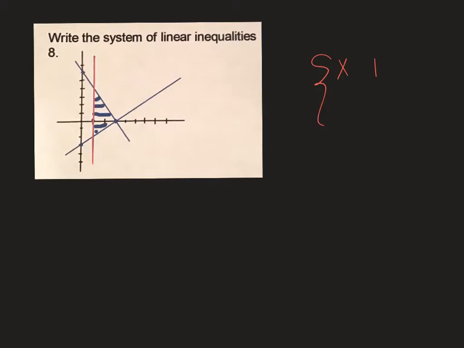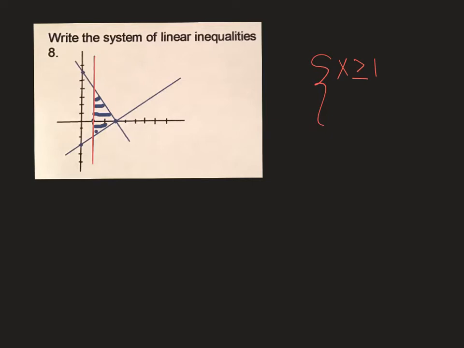So to the right is going to be bigger x values. So it's going to be greater than 1. And now we have to know, is it going to be greater than or equal to, or just greater than? Well, it was a solid line, so we know we're going to include that or equal to. So one of our inequalities is that x is greater than or equal to 1.